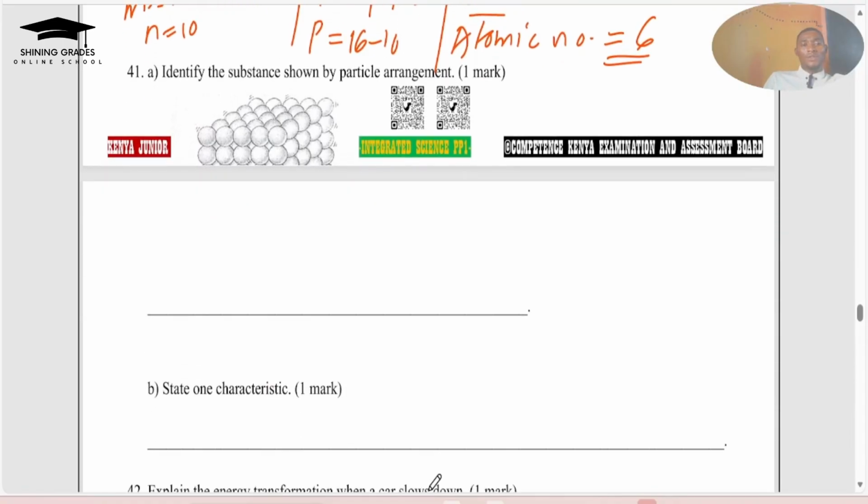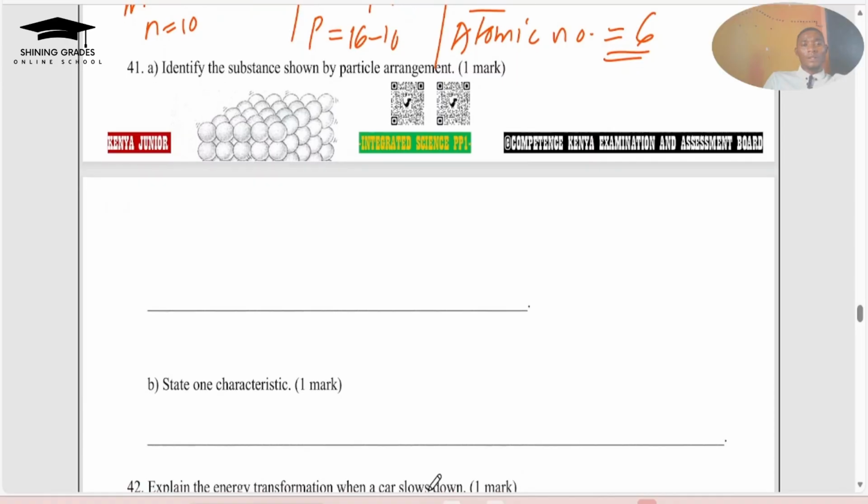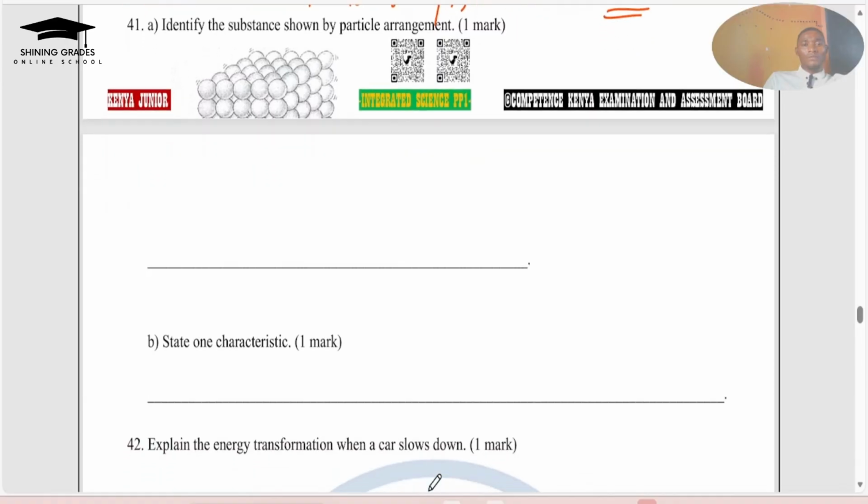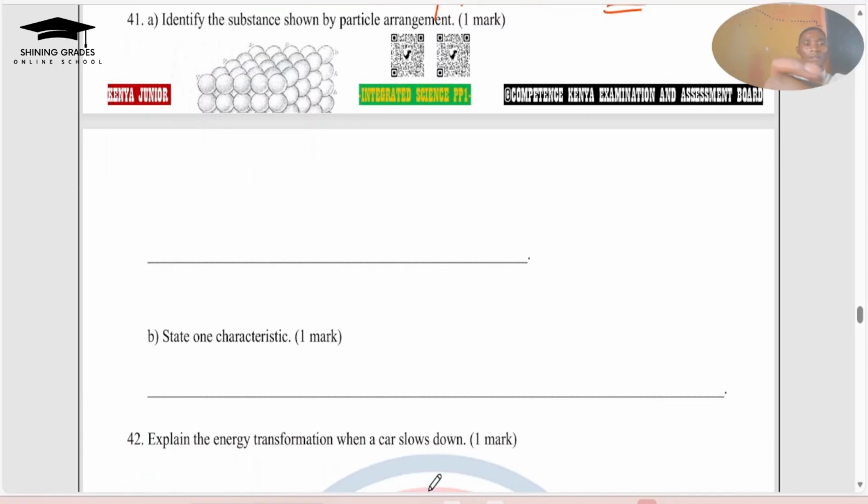Identify the substance shown by particle arrangement. We have this substance, this particle here. By the way the atoms are closely packed together, the substance is a solid. The particles are closely packed together.